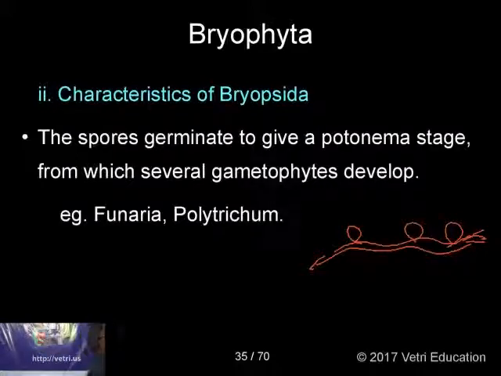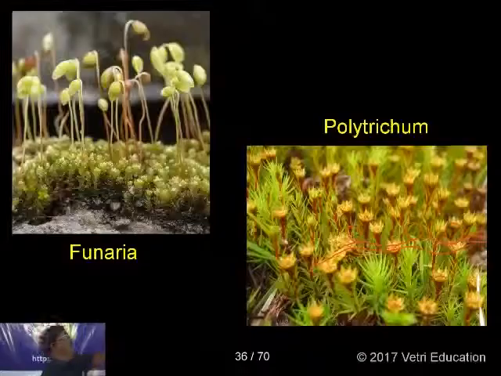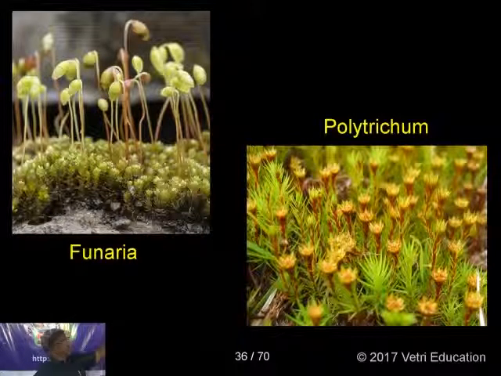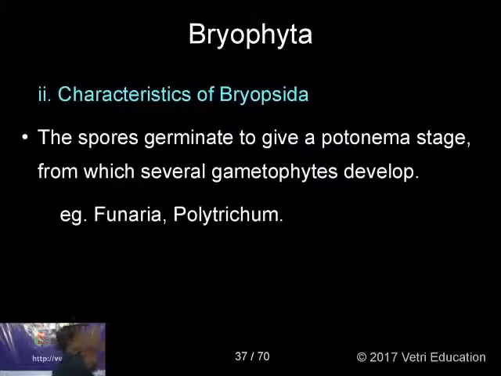Here, this is Funaria and this is the sporophyte. The upper one is the sporophyte and the lower one is the gametophyte. This structure is the Polytrichum plant. Right. Next, we will see that the spores germinate to give a protonema stage from which several gametophytes develop.